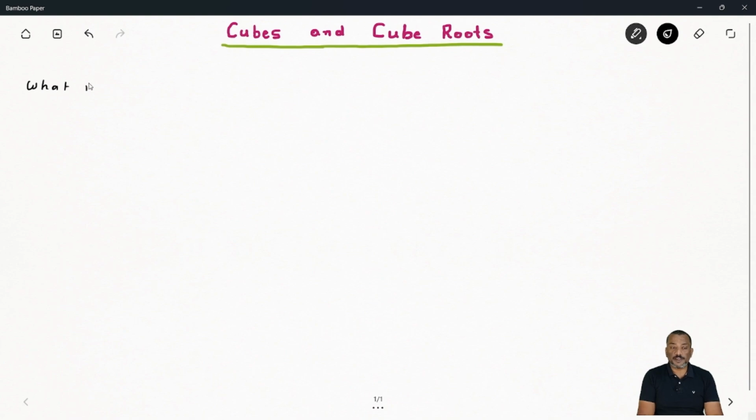What is a cube? If I say it in a simple way, any number when multiplied by itself 3 times, any number in the world, when it is multiplied by itself 3 times, we call it a cube. For example, if I write 3 times 3 times 3, here 3 is multiplying itself 3 times, so here we will say 3 to the power 3.